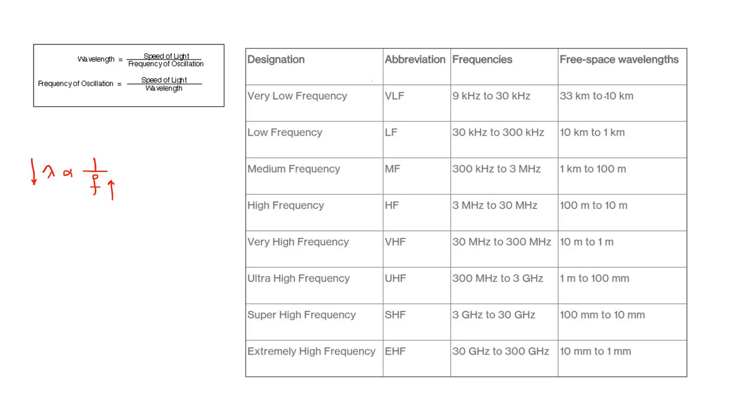As you see here, the wavelength for the low frequency range is really high, starting from 10 to 33 km. But when we increase our frequency, we have a very low wavelength. As you see here, it's a millimeter. That's why we call this millimeter wave at this point.